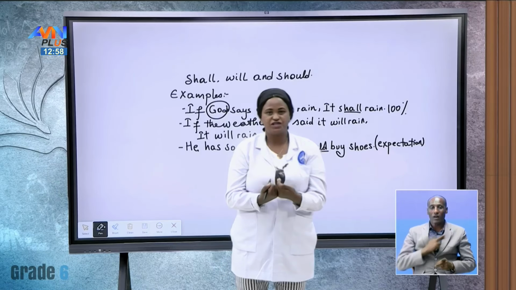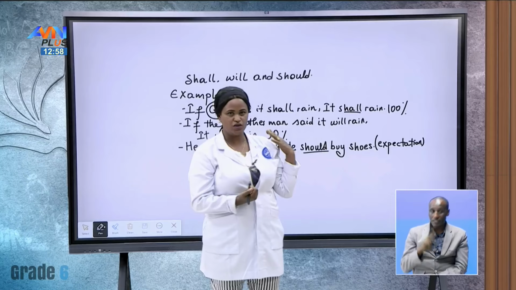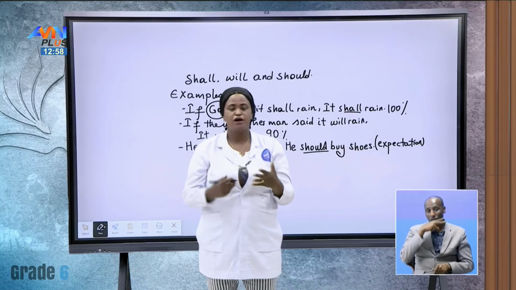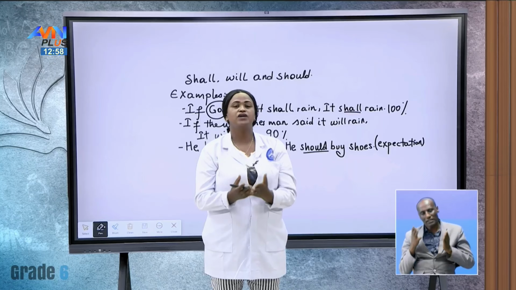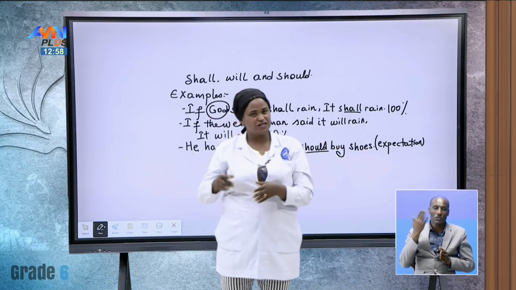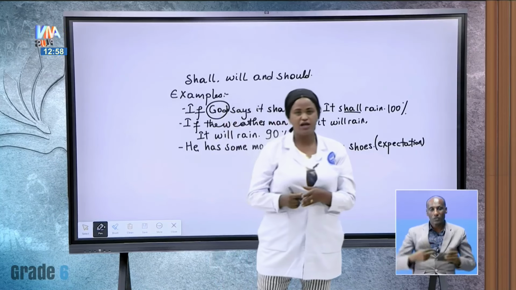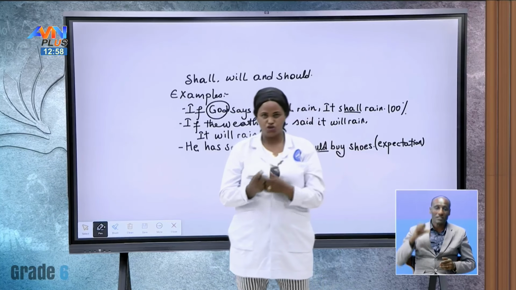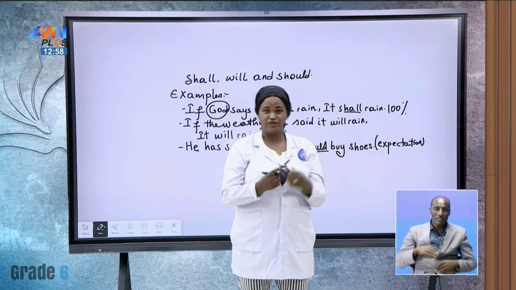Now, for today, we have seen these modal verbs, may, might, and could on the first, which are used for a possibility less than 50%. And on the second phase, we have seen shall, will, and should. In this case, our possibility rate is higher than the previous one.